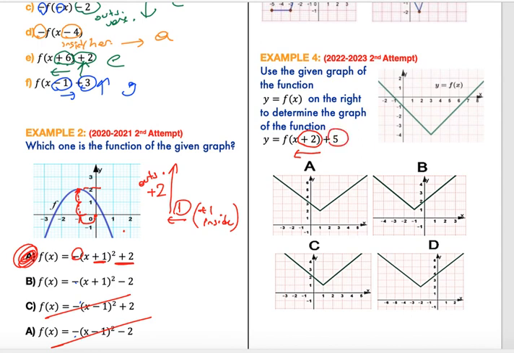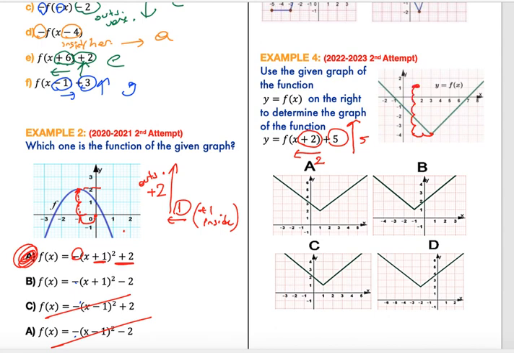+5 is the outside change. It's a vertical change. So move your function 5 units up. 2 units left, 5 units up. Okay, this is the vertex. Move your vertex 1, 2 units left, and 1, 2, 3, 4, 5 up.